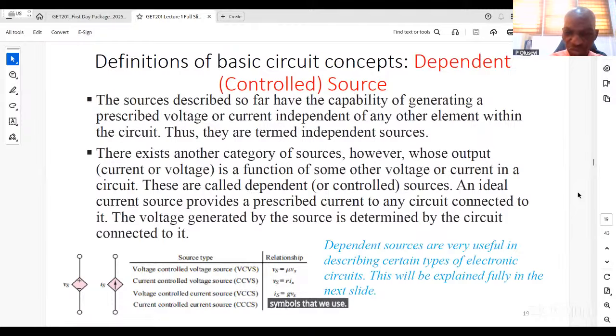All those Greek symbols that we use are for us to differentiate one from the other. It's not that there is a general form for it, but we use them to tell you that there is a relationship in terms of a constant. So all those mu, r, g, and beta are relationship constants.